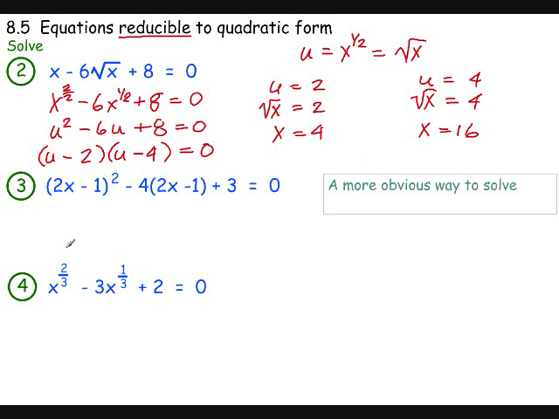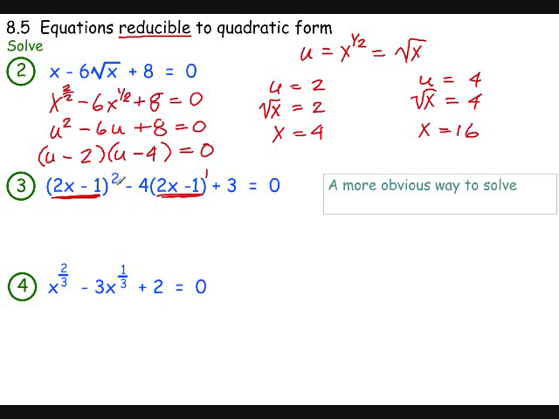All right. This one really looks strange, but you will notice that the middle term here has an exponent of 1 on the unknown, and right now I'm calling the unknown this whole binomial.